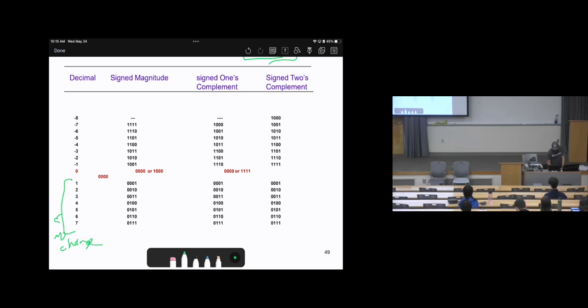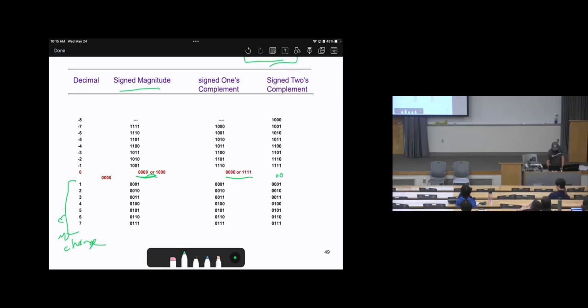For the negative numbers using the sign magnitude, it is just the same as the positive part, but put 1. Then we realize that we have two representations of 0. Using the 1's complement, just replace 0 by 1, and we still have two representations of 0. With the 2's complement, we have only one representation of 0, 0, 0, 0, 0.